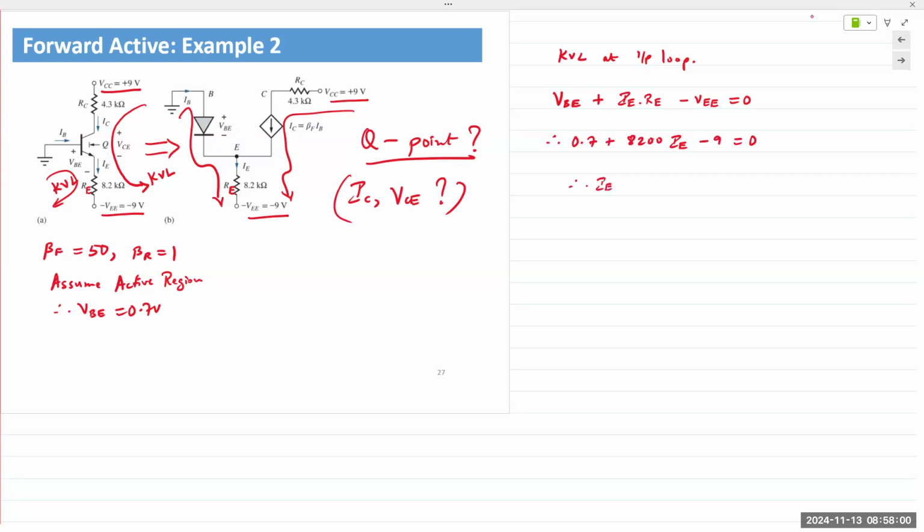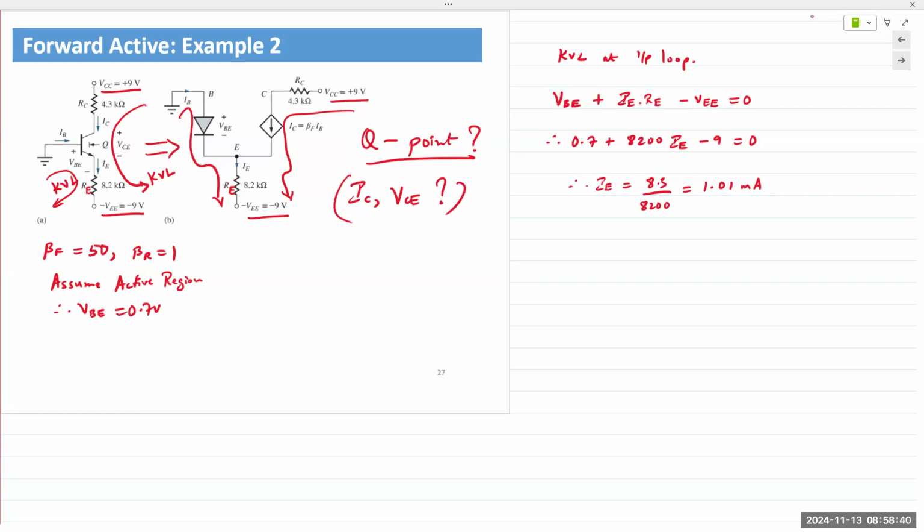Therefore, IE can be written as 8.3 divided by 8200, 1.01 milliamps. IE is 1.01 milliamps. Again, KVL on the input side, you have 3 voltages: VBE, the voltage drop across the emitter resistor RE, and the source VEE. And from there, we can find IE.